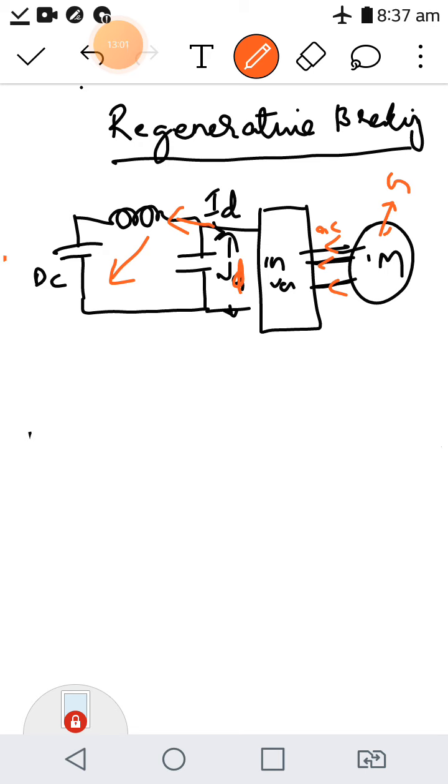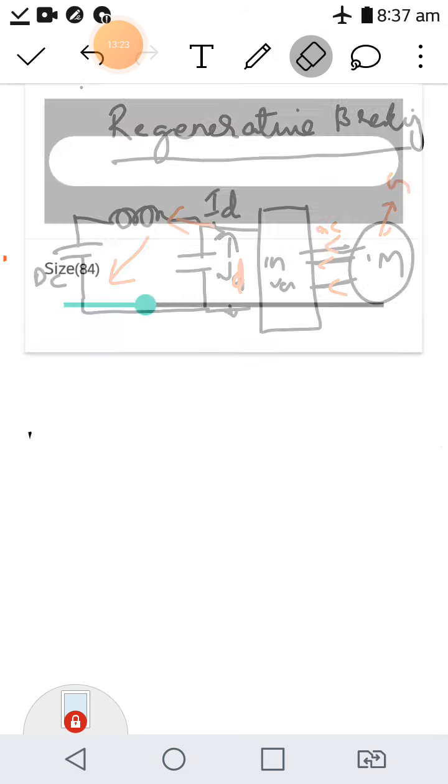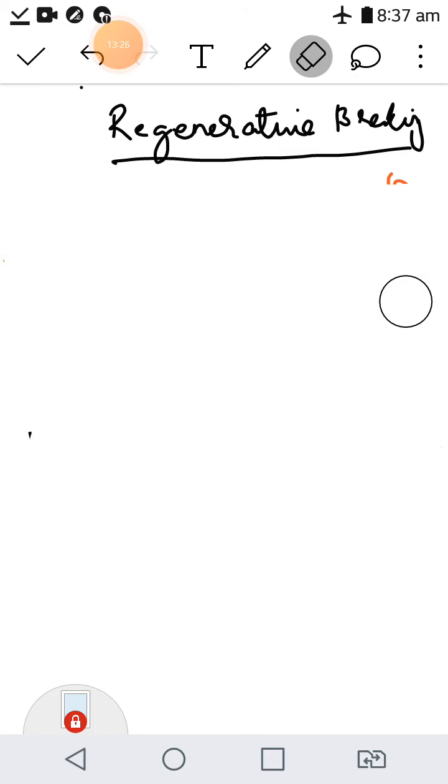But there are other types of VSI fed induction machine drives that we have drawn in the previous class. I have discussed that. One such drive is, if the input is AC, first we convert that AC using a diode rectifier and the output of that is given to the inverter. We have seen such types of VSIs also. So how does regenerative braking happen in that type of drive?